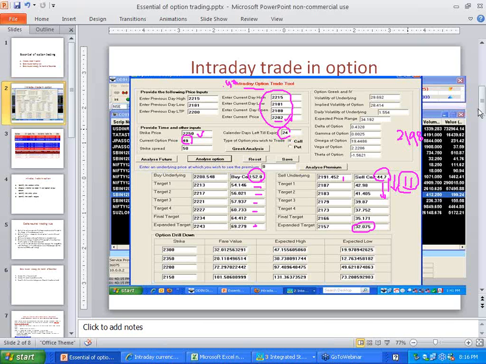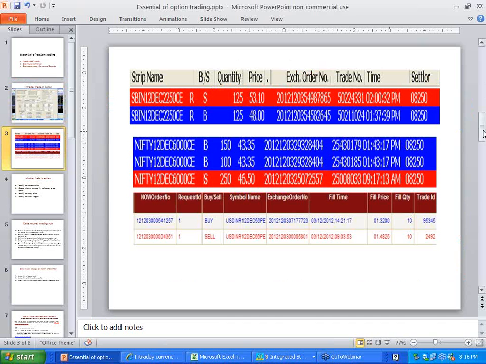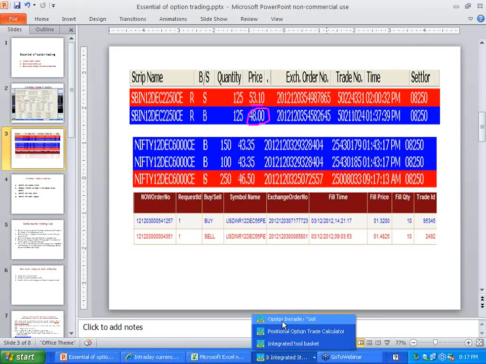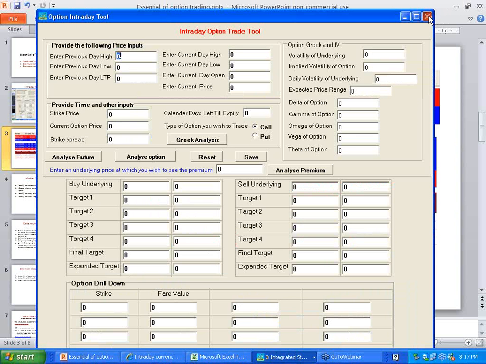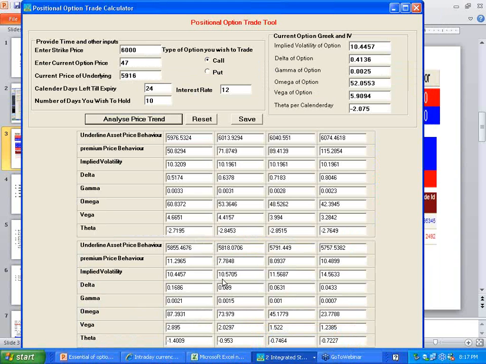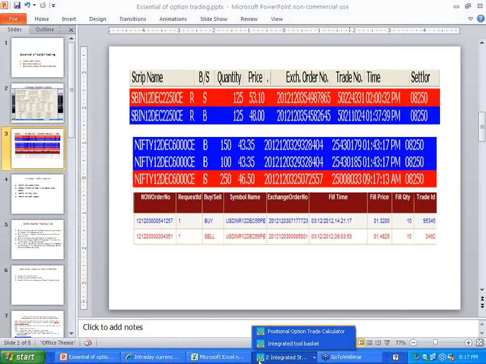Since I was close to the uptrend price, I decided to buy at 48, and I closed the trade at 53. The trailing stop loss triggered for me, because I had put it trailing at 53, and I was expecting till 56.